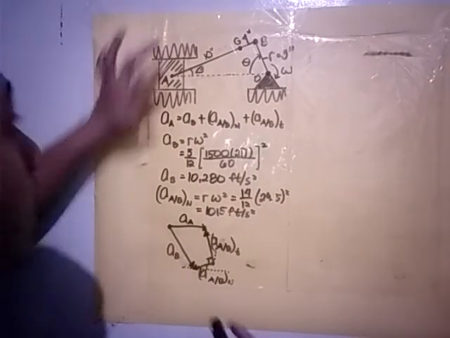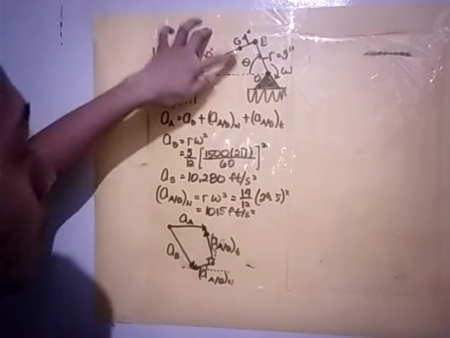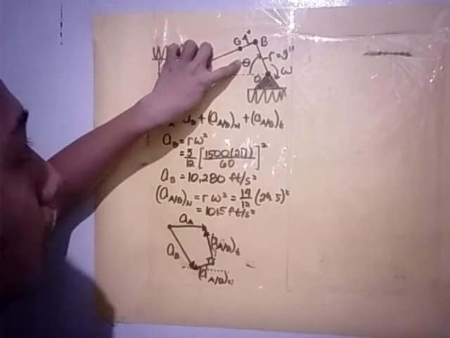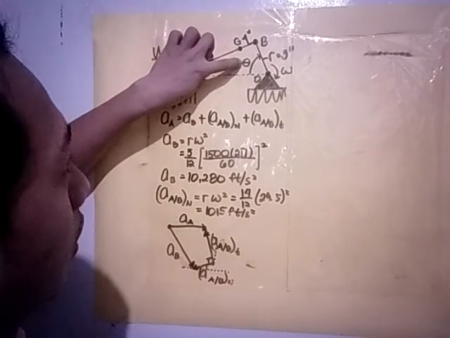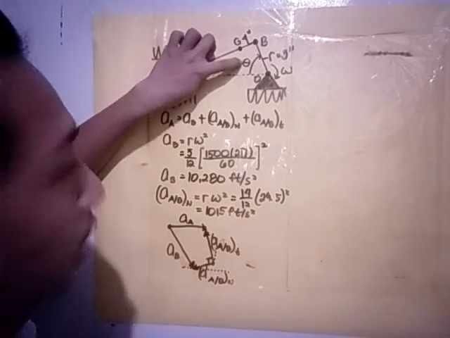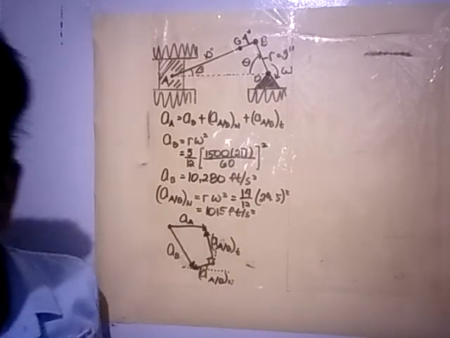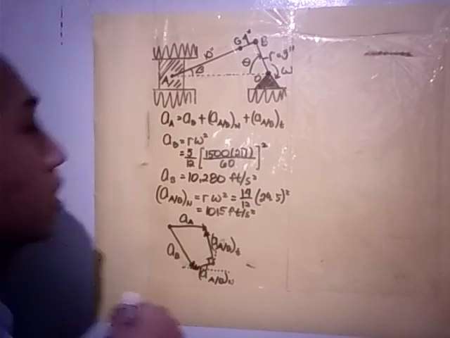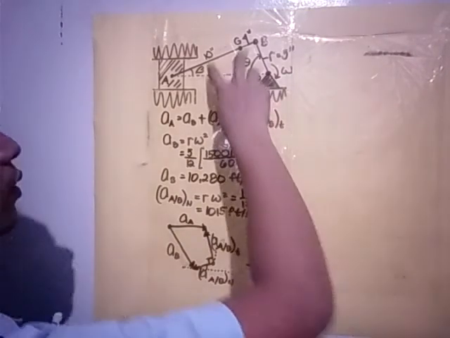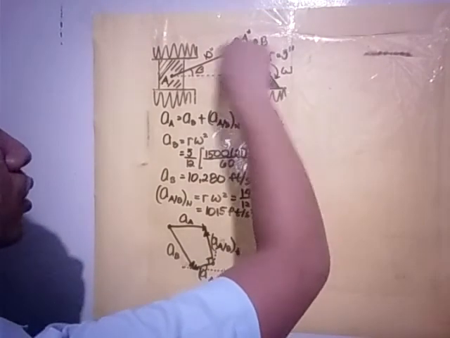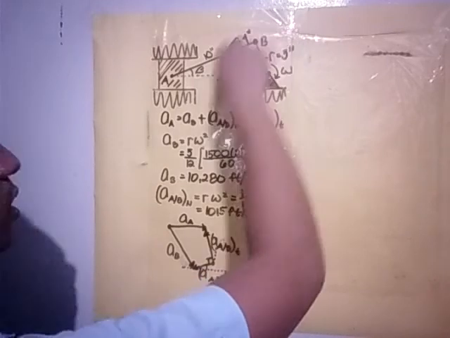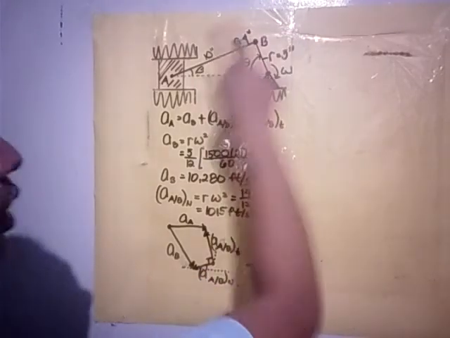So we have a value for our theta, which is 60 degrees. It is said in the problem that our theta is 60 degrees, and we have two sides. So this is 14 and this is 5.